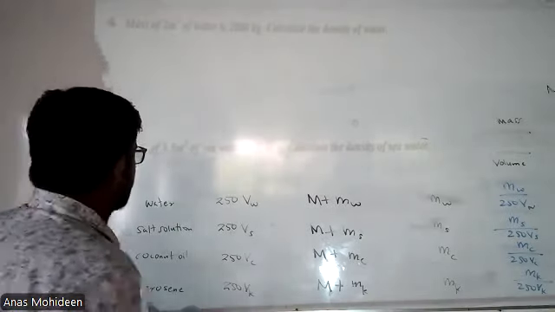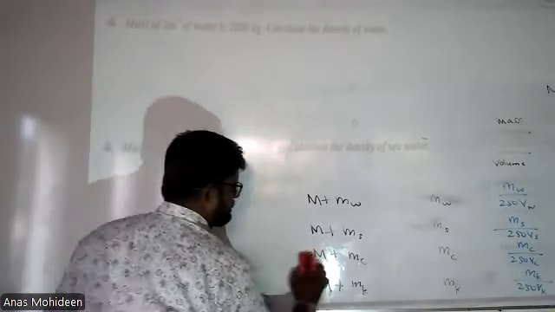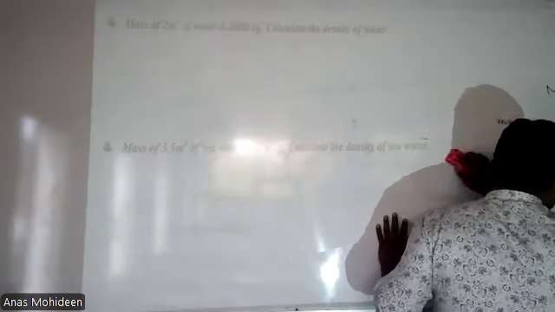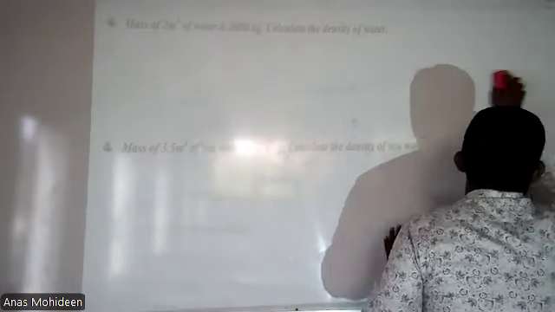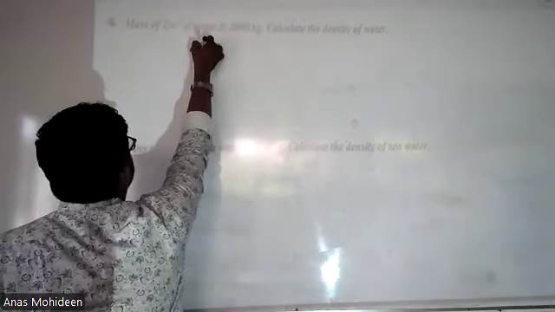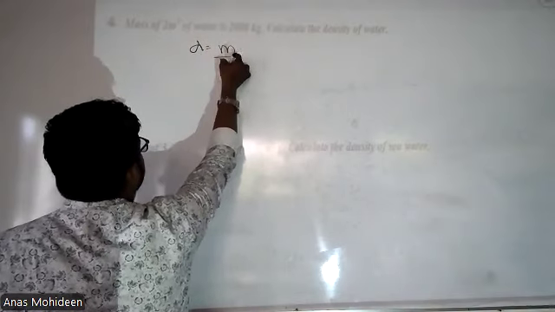Okay, so we have some calculations here. How do we find them? How do we do the calculations? Density is equal to mass over volume, right?